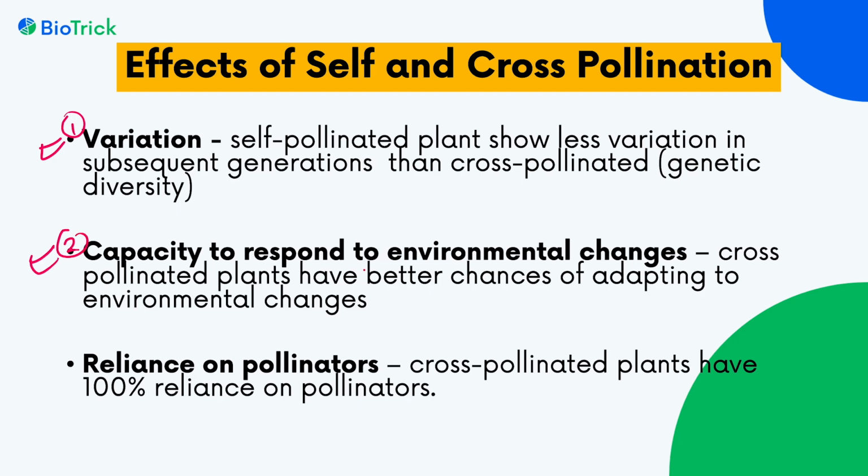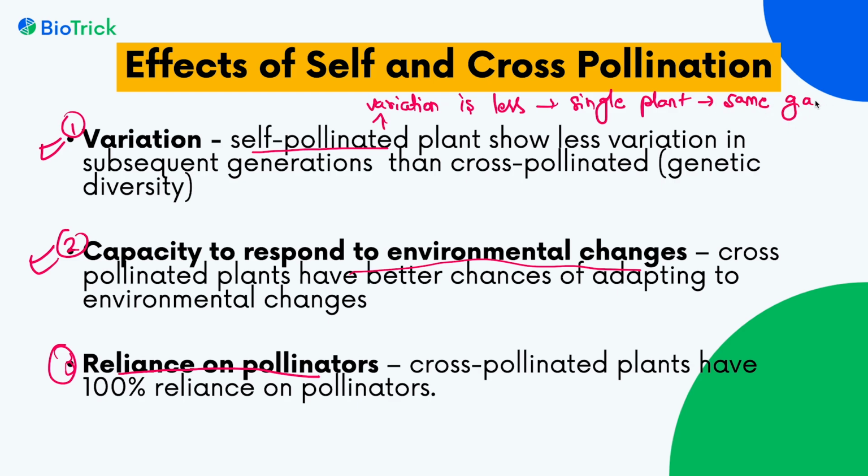Now let's see what are the effects of cross-pollination and self-pollination on variation, capacity to respond to environmental changes, and third, reliance on pollinators. In case of self-pollinated plants, variation is less, because a single plant has the same type of gametes, so chances of variation are less.